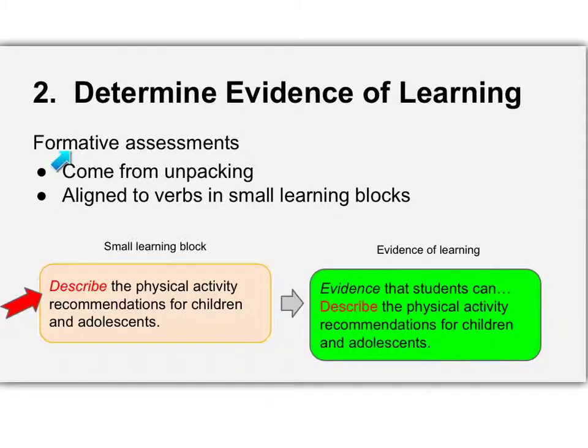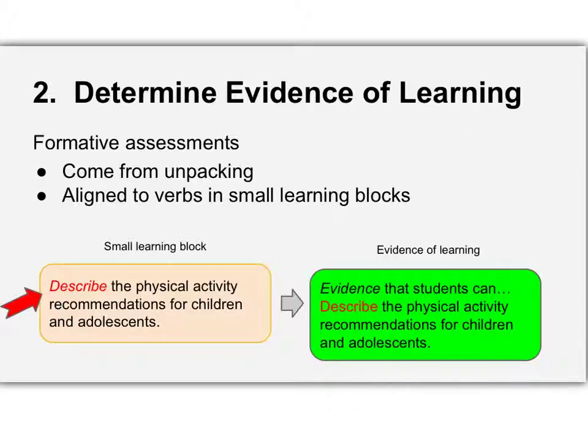The evidence that you're going to require for the formative assessments, that students have achieved those small learning blocks on the way towards learning the entire standard, that comes from the unpacking. And so there needs to be alignment from the verbs in the small learning blocks to the evidence that you get. So if you want students to describe the physical activity recommendations for children and adolescents, you need a description.